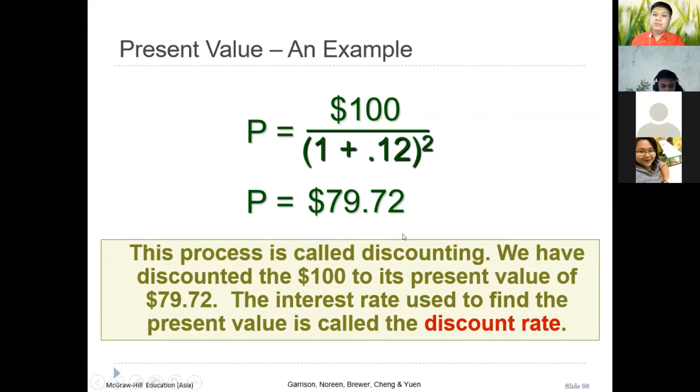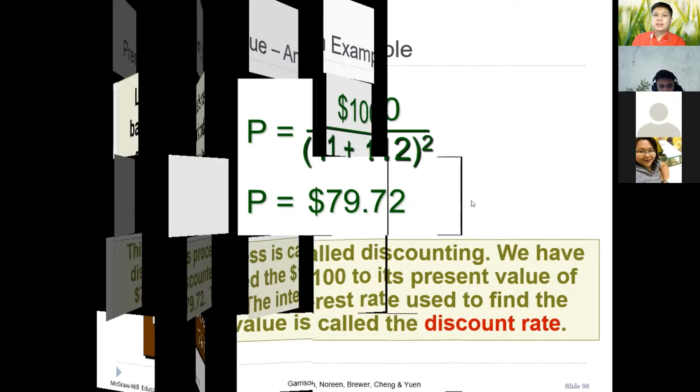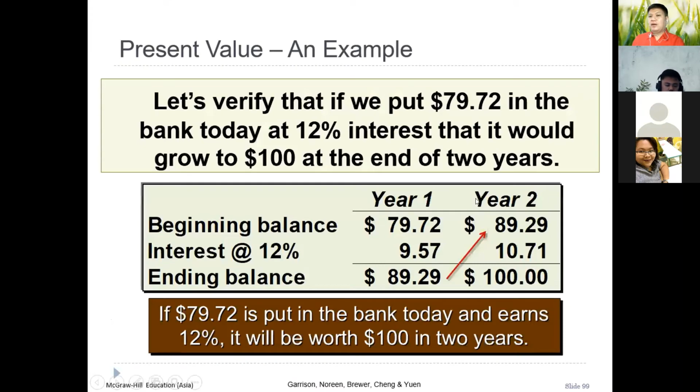So meaning if I invest 79.72 today, and the bank tells me you will earn 12% per year, exactly on the second year, my money, 79.72, turns into 100. Okay? So let us verify if what I said is true.